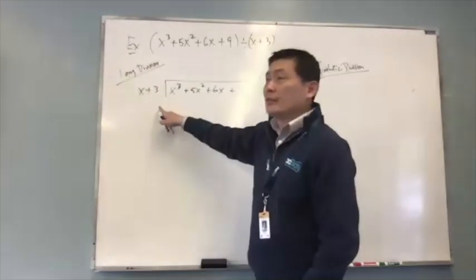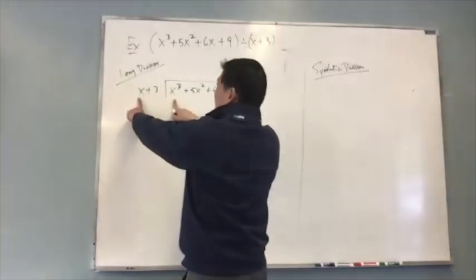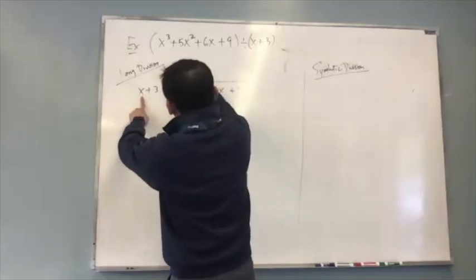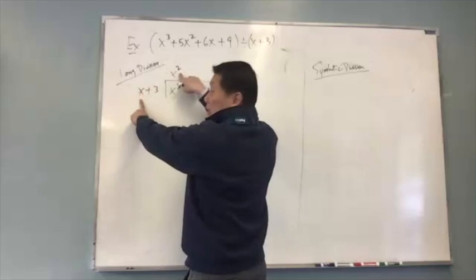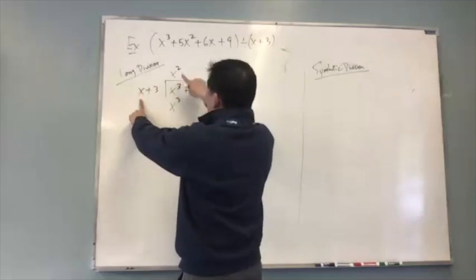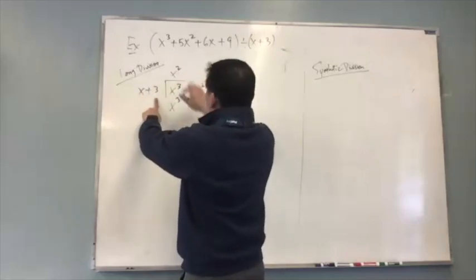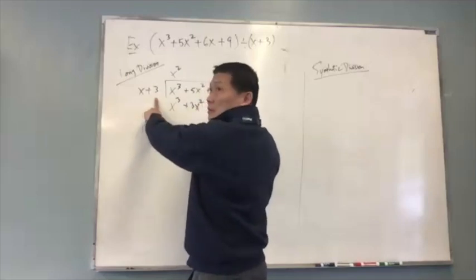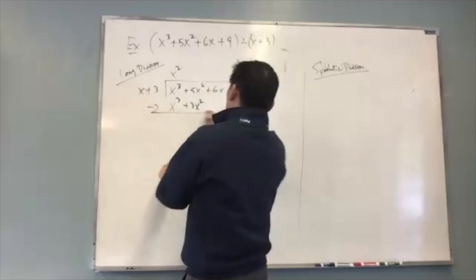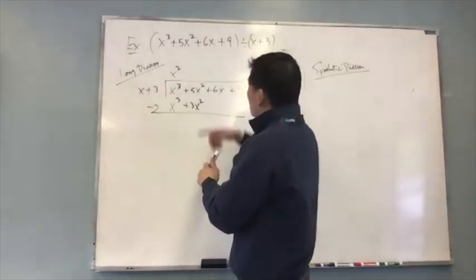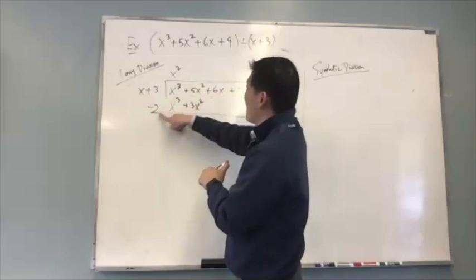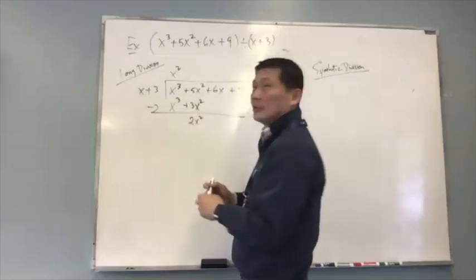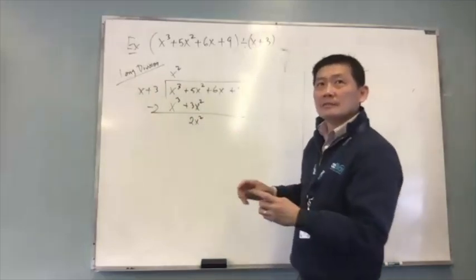So I'm looking at the lead term. x times x squared will give you x cubed. X squared times 3 is 3x squared. All right, subtract, line over. 5x squared minus 3x squared gives you positive 2x squared.